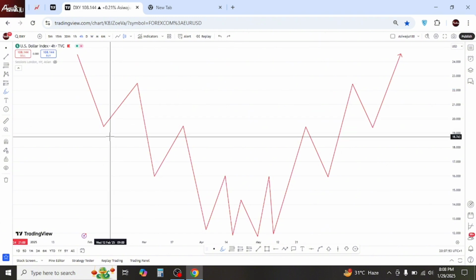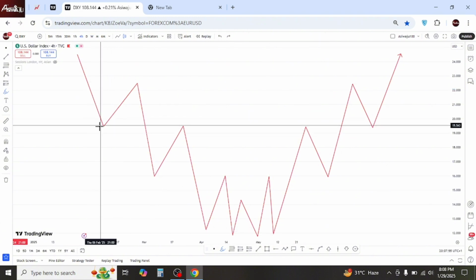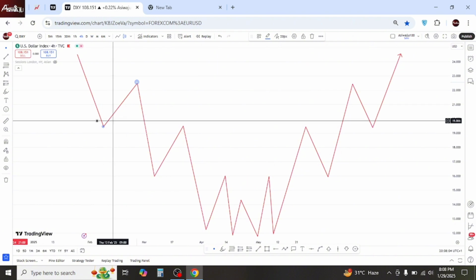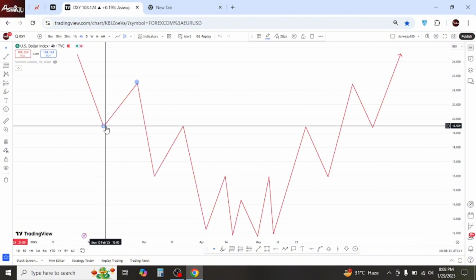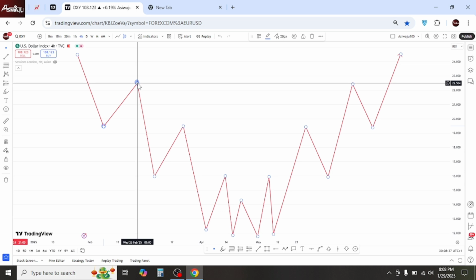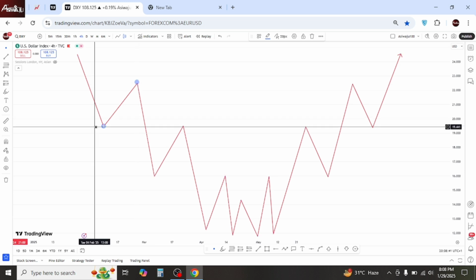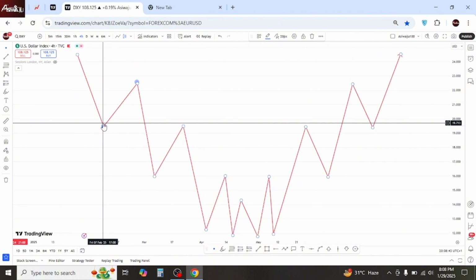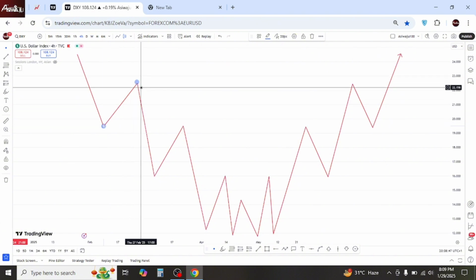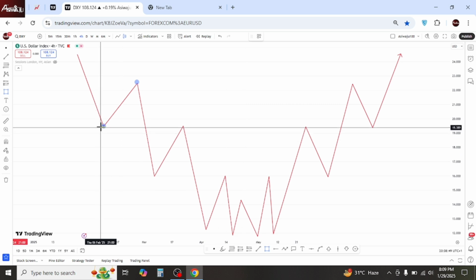When you look at this exact point to this point, this is what we call the order flow, because these are the points where we started having more demand in the market before the suppliers started gaining control of the market.